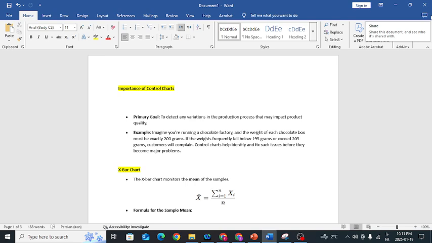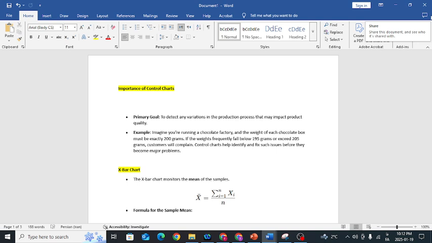Whether you are managing a production line, improving a service, or analyzing data, these tools will empower you to ensure consistent quality and make data-driven decisions. So, without further explanation, let's dive into the world of X bar and R bar charts and see how they can transform the way we measure and manage quality.